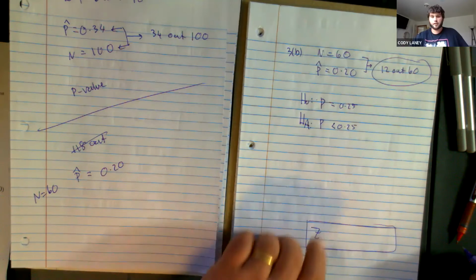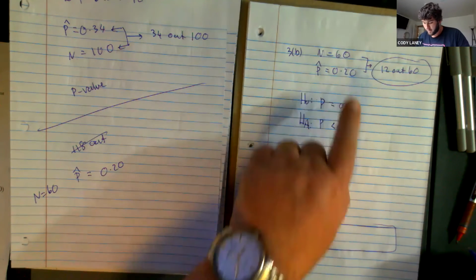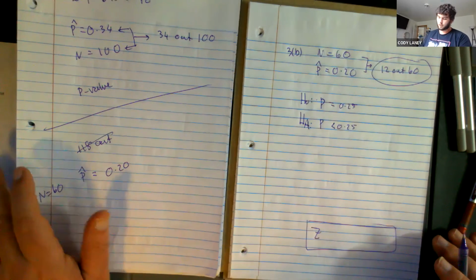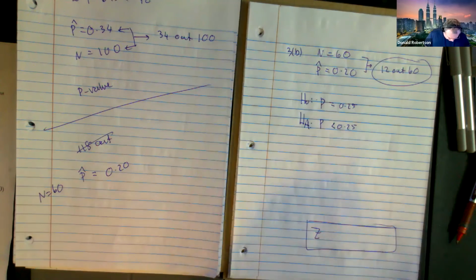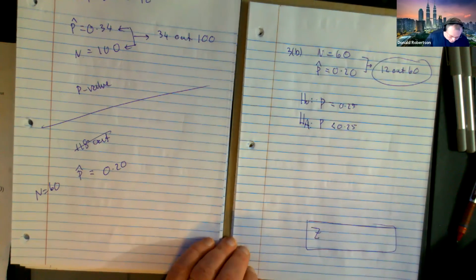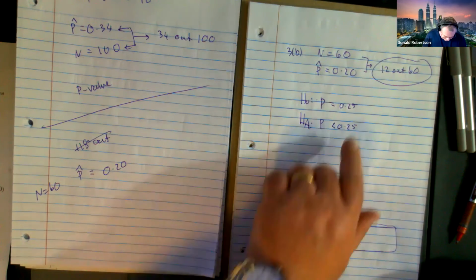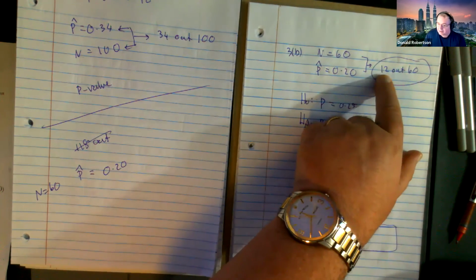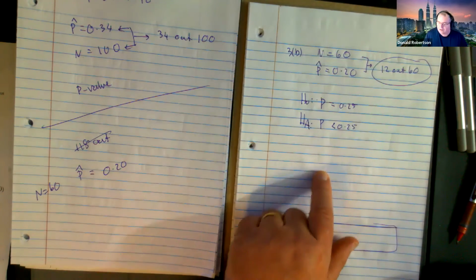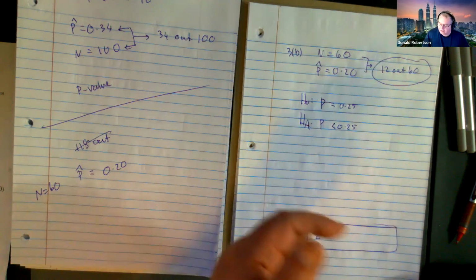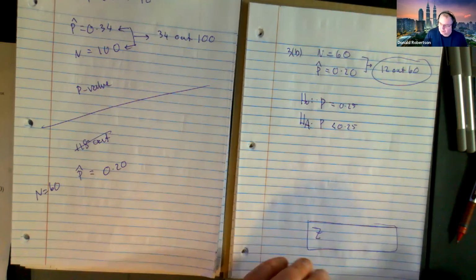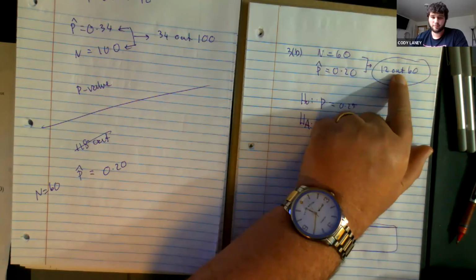I didn't even do that because I tried doing it for the 3A. Agreed, the 3A was a different method because it had 16.5 people. But as long as it's a whole number, we can do it this way. We'll do it with salt, and then we'll do it the other way, and we'll show you get the same answer, just to show you both methods work. So the answer is 12?